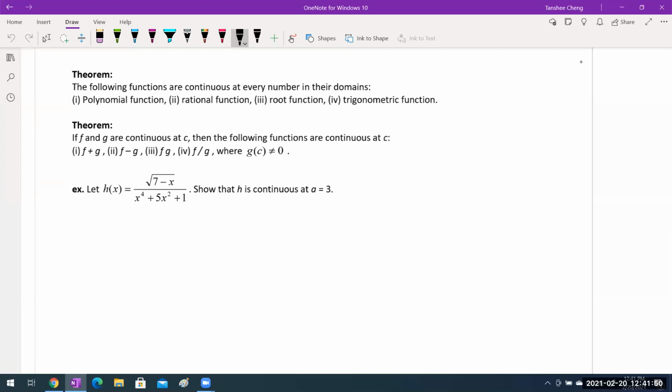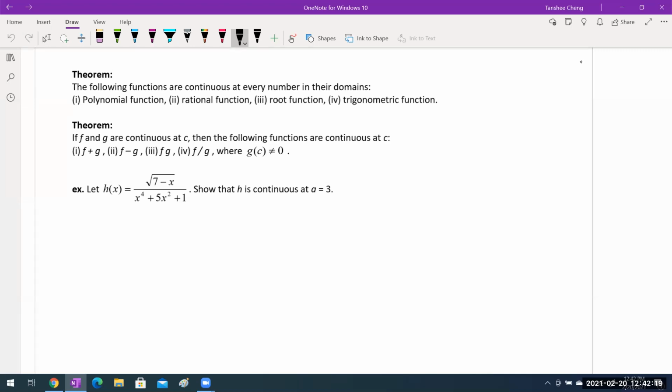So now that we have looked at how to prove continuity by definition, we want to look into the theorems, because to verify whether a function is continuous in later chapters, we don't have time to prove every single function by definition. So we will use the theorems to verify that.